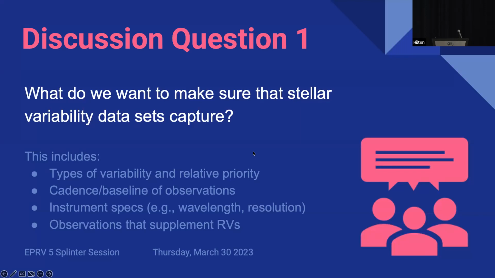The first question is about what we want to make sure that stellar variability data sets capture, the baseline, and respects for observations. I guess, what sources of variability are of interest?